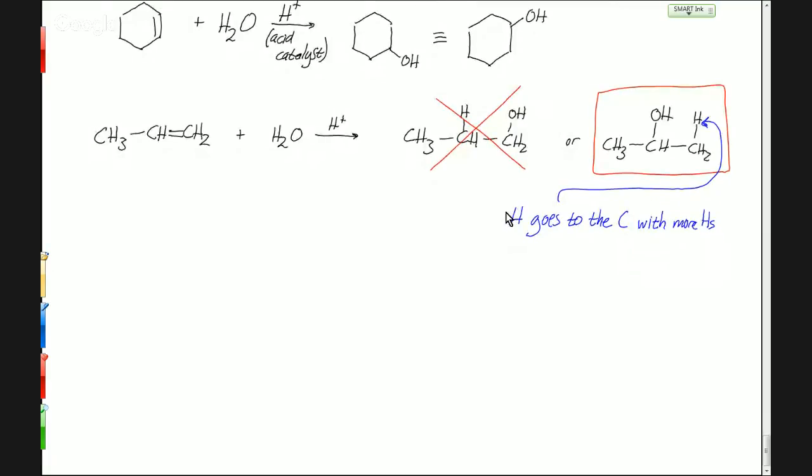All right, so let's try it in a line structure format. You might see a reaction that looks like that.